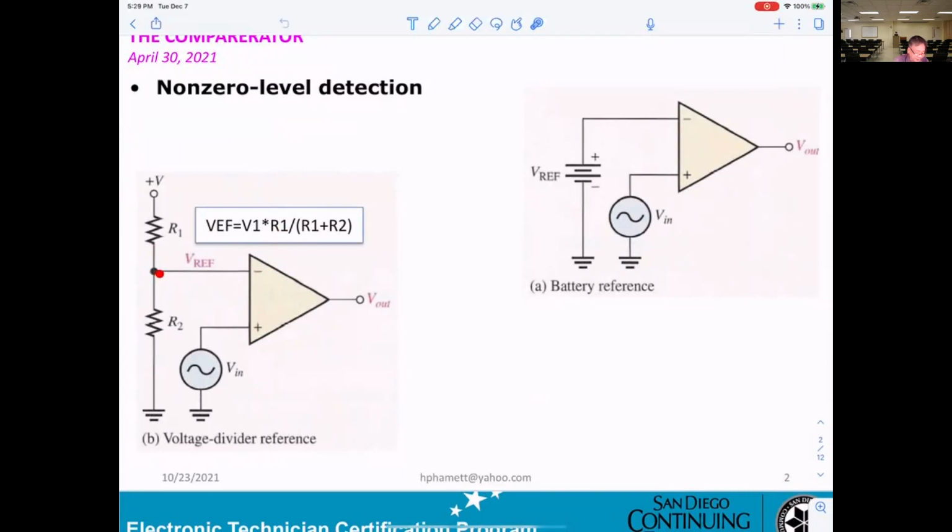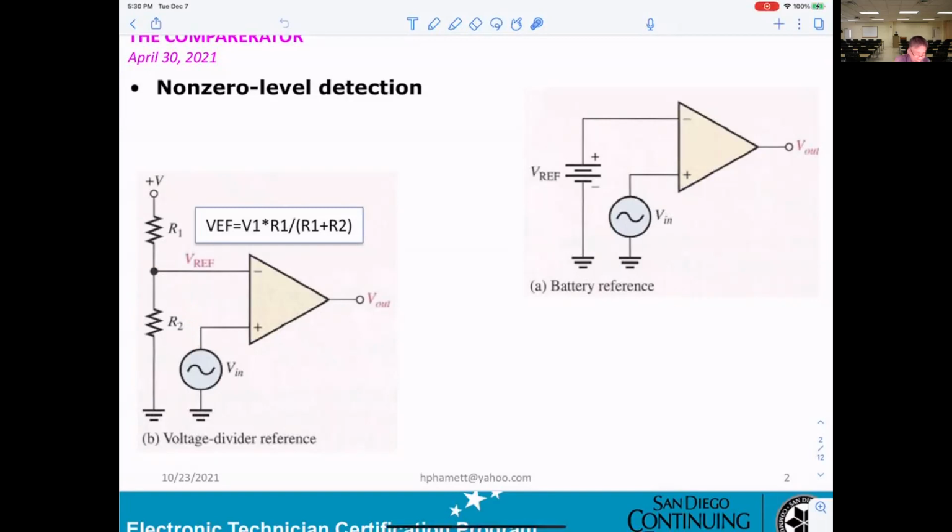It's a voltage divider: V reference equals V1 times R2 divided by R1 plus R2.